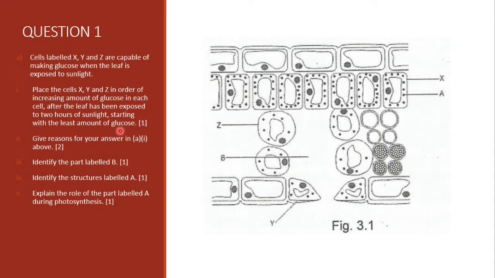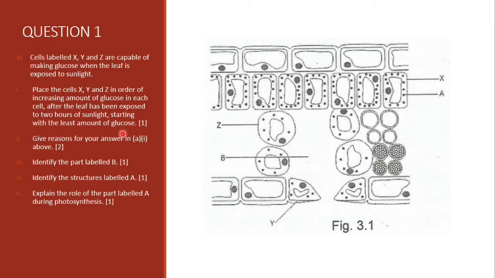So looking at the three cells that we have, X, Y, and Z, which cell produces the least amount of glucose? That's the first one, because they are saying starting with the least amount of glucose. I'm going to place the cells from the least to the most.